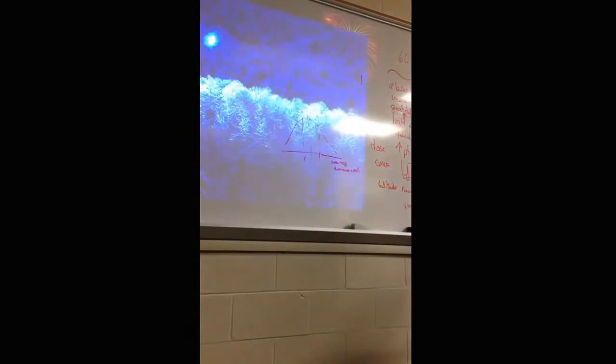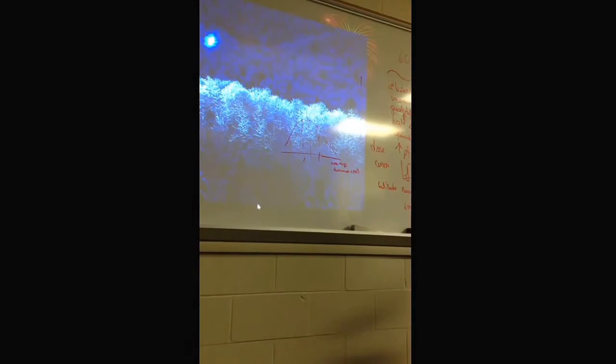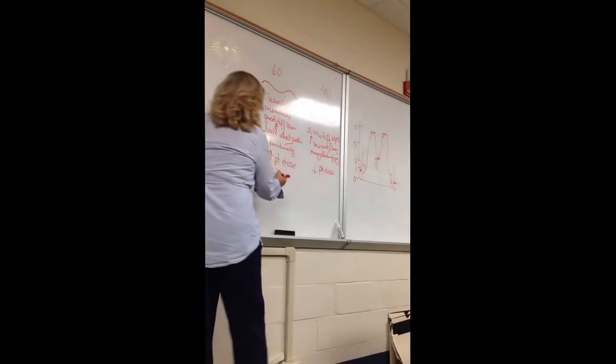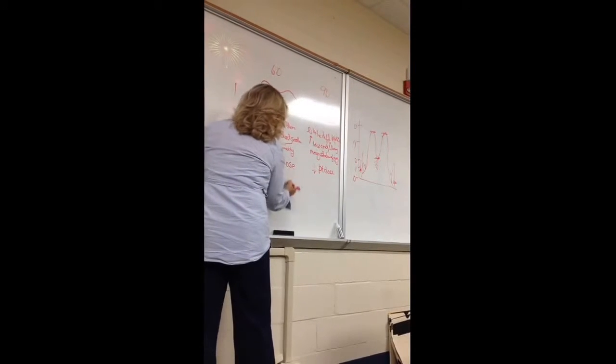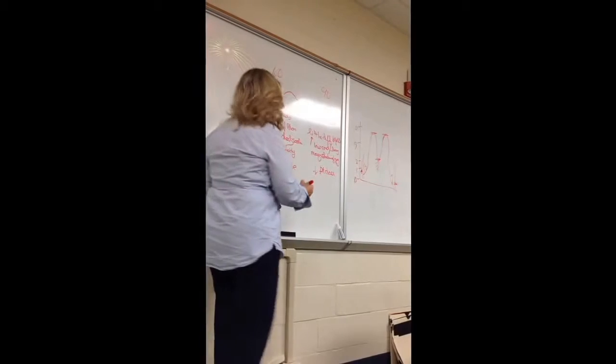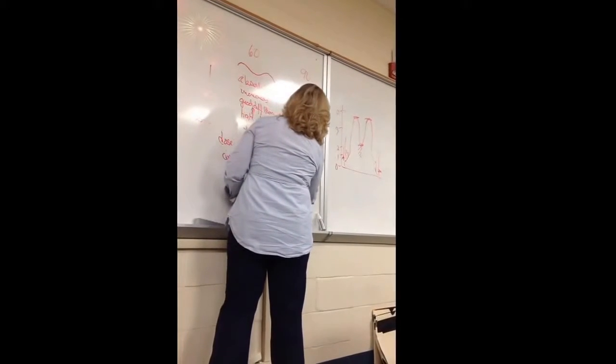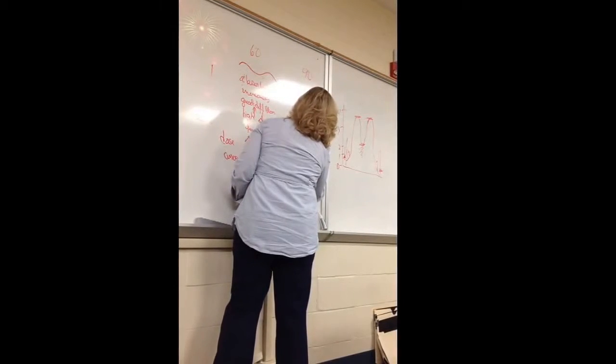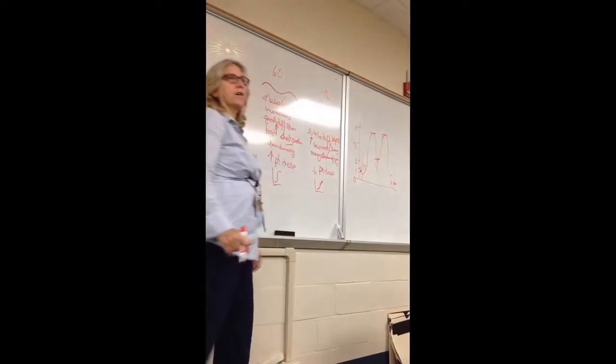Okay, so another contrast test. More vertical, you got it. So it's going to go up steep. And a 90 kVp image will be more horizontal.